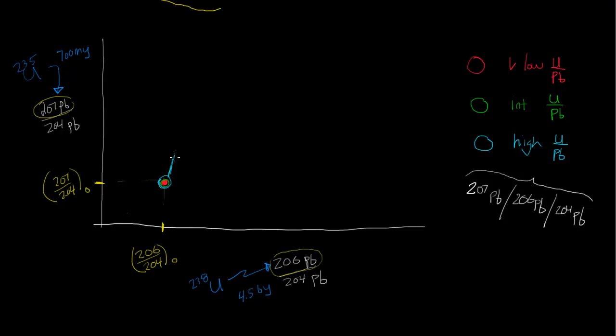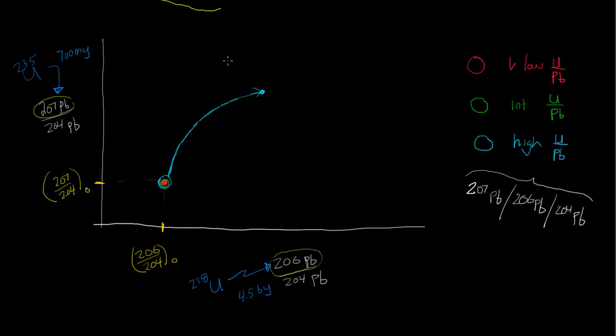So initially, we have a steep slope, but then as we sort of exhaust the amount of uranium-235, this curve begins to follow a path that goes sort of like this. So after some period of time, this composition, the blue meteorite, which had the most amount of uranium, therefore is going to produce the most amount of radiogenic lead, both 207 and 206, is going to follow a path given by this blue line like that and end up somewhere over here.